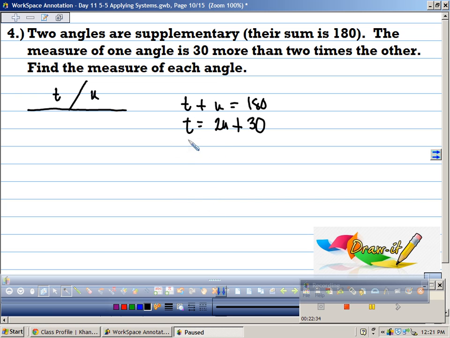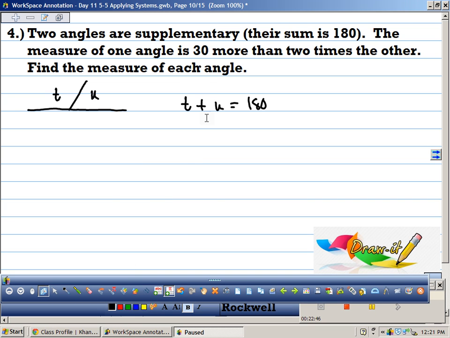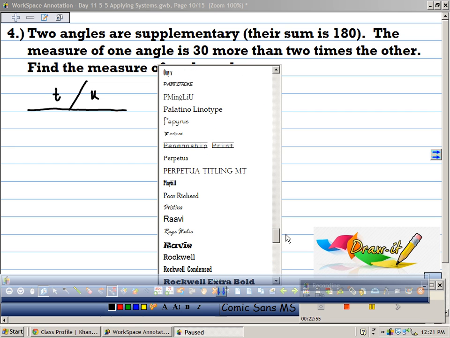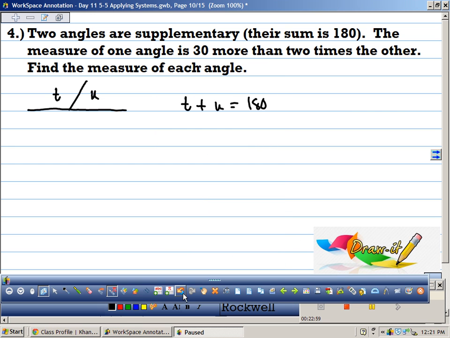That's messy. How do you guys want to do this one? Can you try that equation on this? Sure, you want me to? Thank you for reminding me. It's just in a different font. Let me change the font really quick.